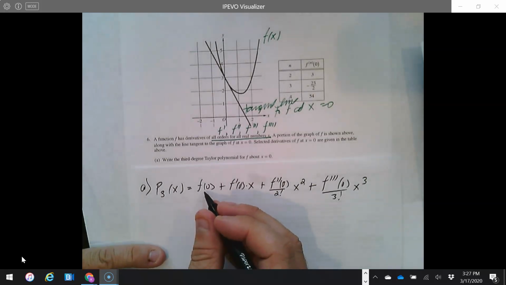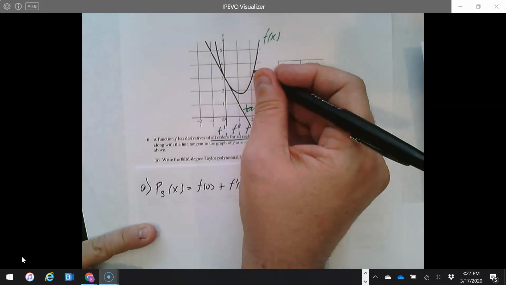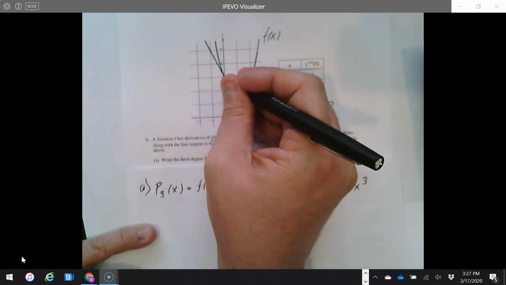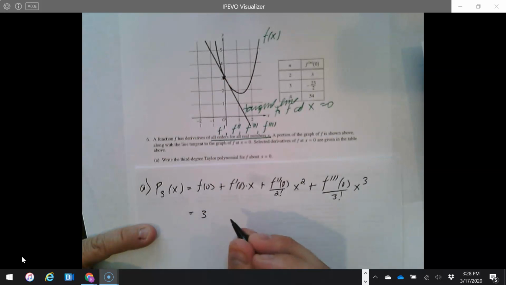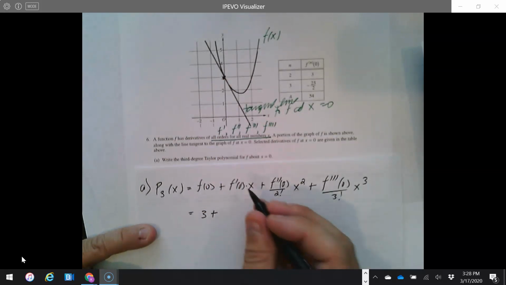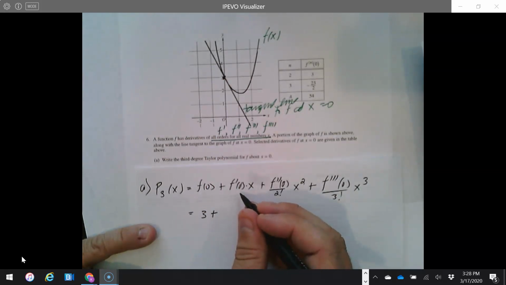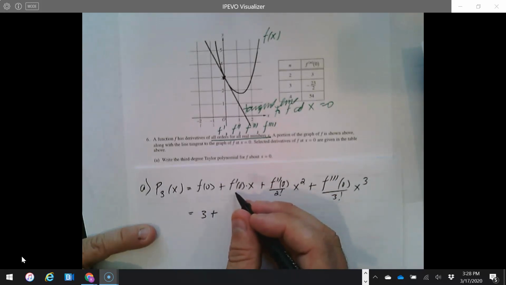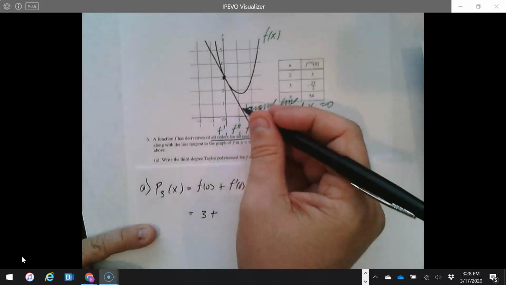Okay, well, where do I get f of 0? I'm going to go to the graph of f. I'm going to look at the value of the function f at x equals 0, and I see that that's 3. Plus, now I need f prime of 0. Well, f prime means slope of the tangent line at x equals 0. How convenient.